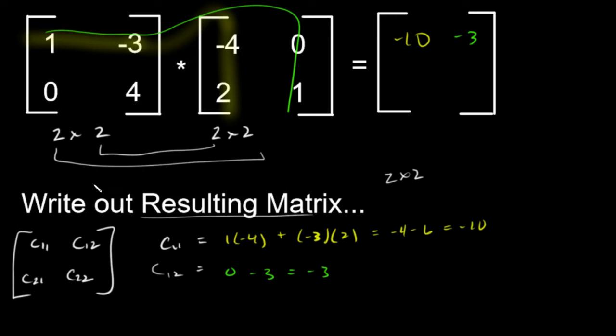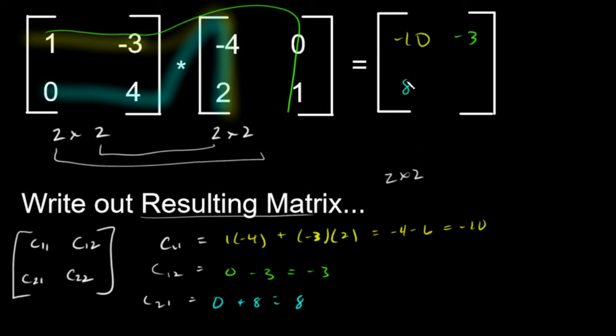Then you've got C21, and that's going to be the second row, first column, second row, first column, and that's 0 times -4, which is 0, and 4 times 2, which is 8. So you get 8.